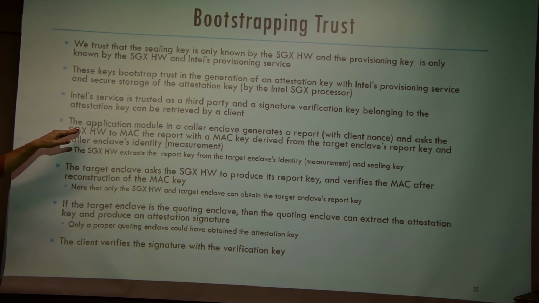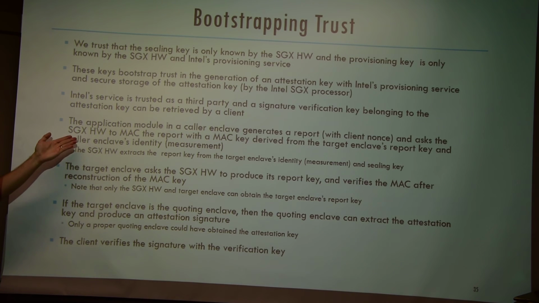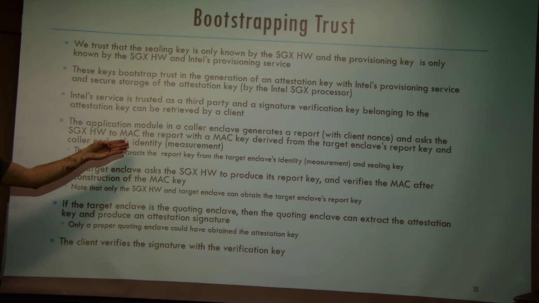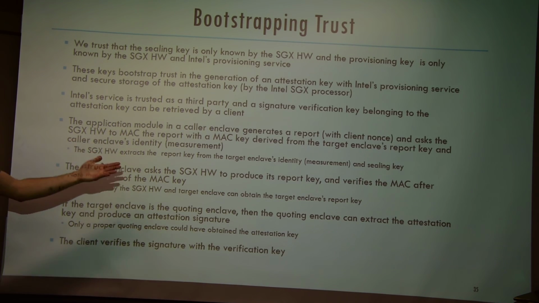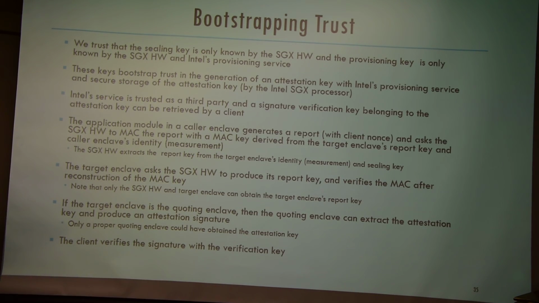So the application module in a caller enclave generates a report with the client nonce and asks the SGX hardware to MAC the report with a MAC key, because now we need to talk about remote and local attestation. And this MAC key is derived from the target enclave's report key. What is that?